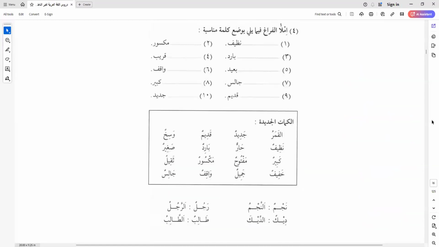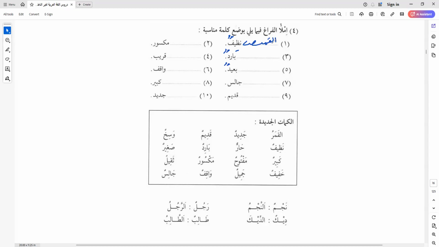And now in these sentences, you are provided with adjectives. You have to provide the nouns. So we have nazifun, baridun, ba'idun. So I'm going to say which one something is, I would say al-qamisu. I'm going to use qamis. Al-qamisu nazifun.